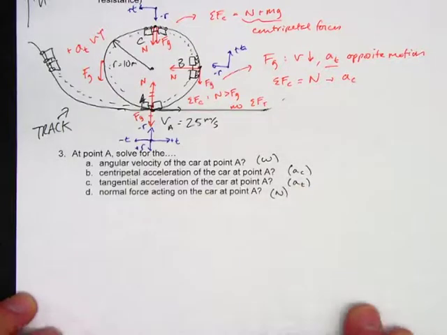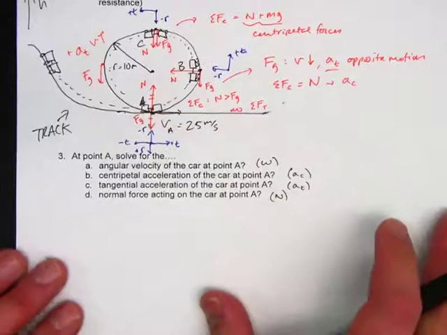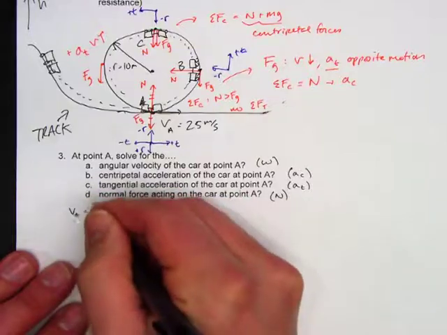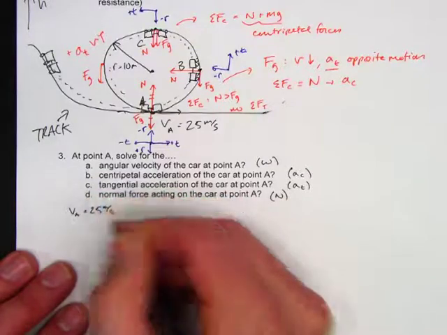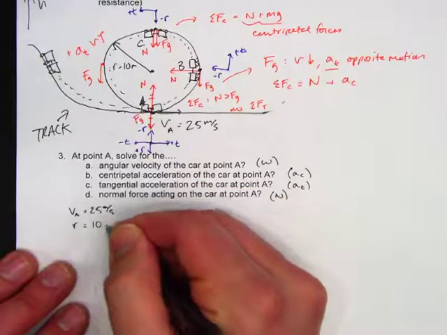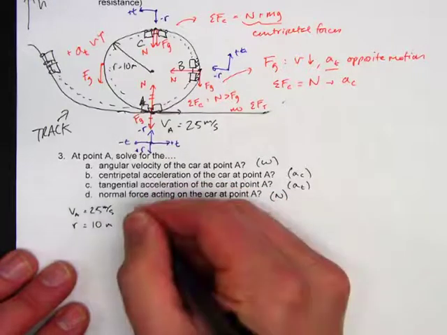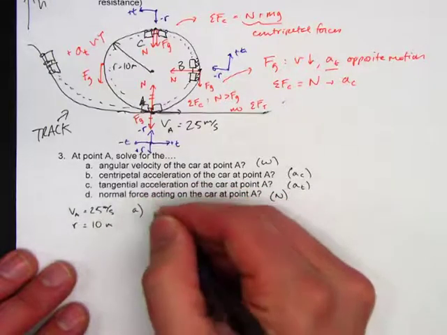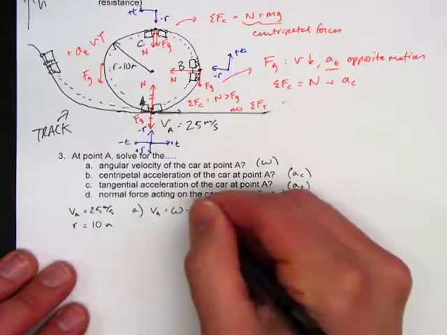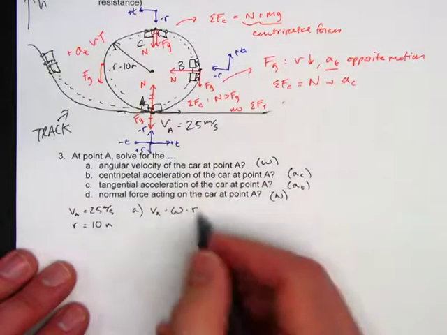So to find the angular velocity, remember that we were given that the linear speed at A is 25 meters per second, and the radius of curvature for the loop is 10 meters. Recall from earlier the relationship between linear speed and angular speed for an object in circular motion.